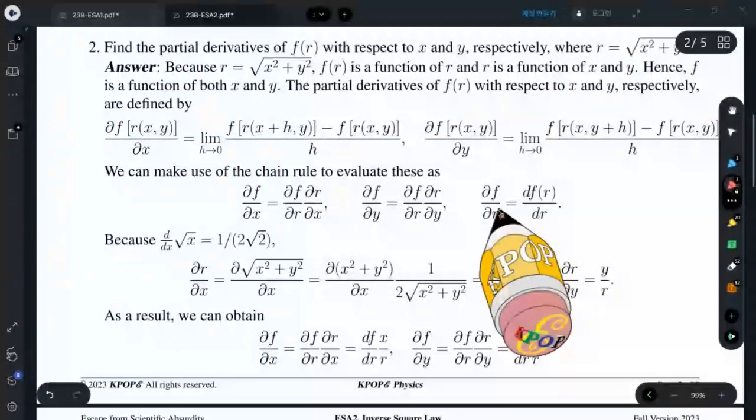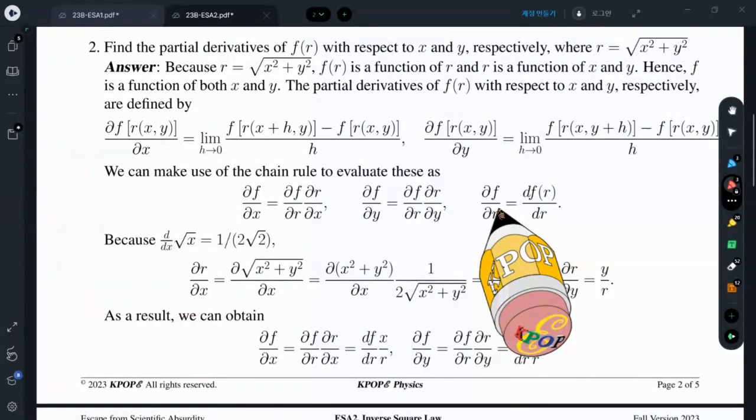When we consider this action at a distance, that is the inverse square law, not restricted to the inverse square law, any conservative force, we have to take the derivative to find the force from the potential energy.